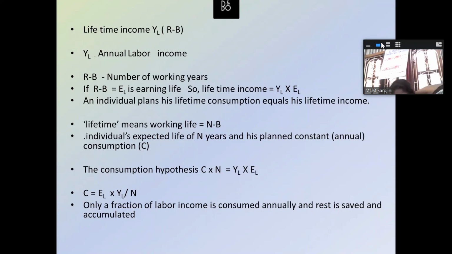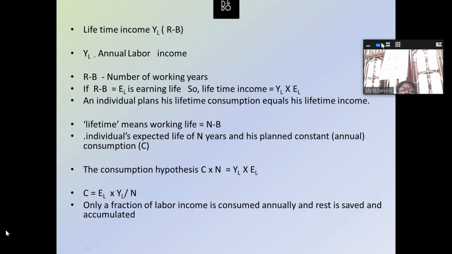Annual income is there. Annually, the individual spends some portion for consumption and the rest goes as saving. These are the main and important information to derive the things.